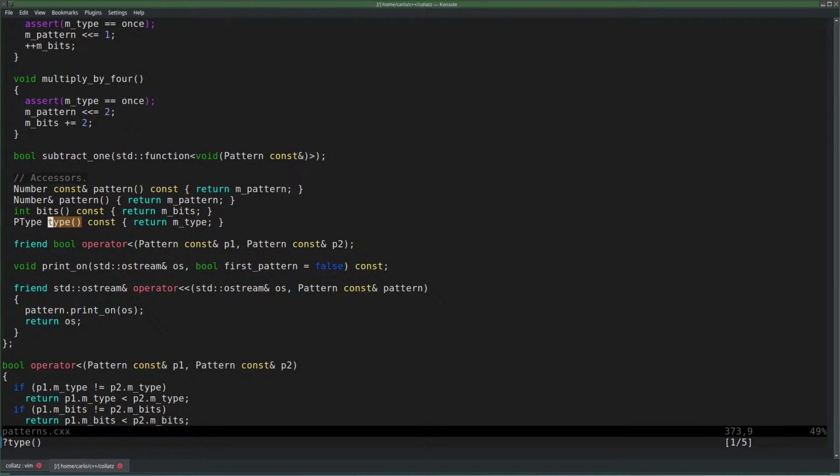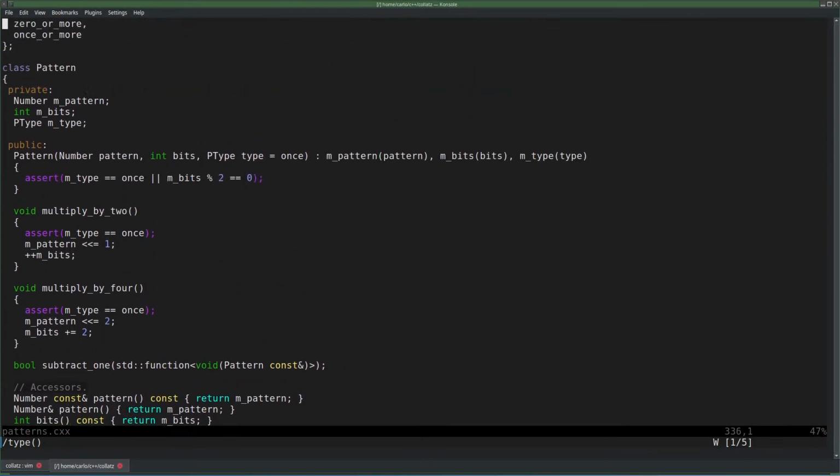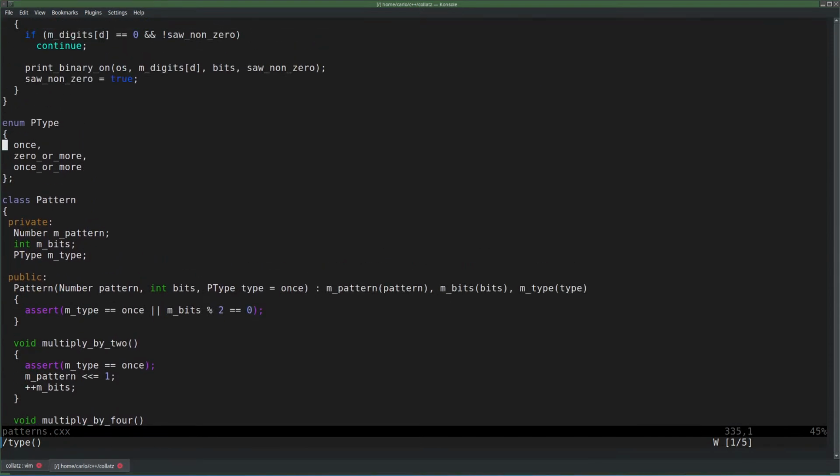Type returns a p type. I don't have another type. And p type is an enum defined with the word ones in it. Ones is equal to 0 because it's the first one of this enum.